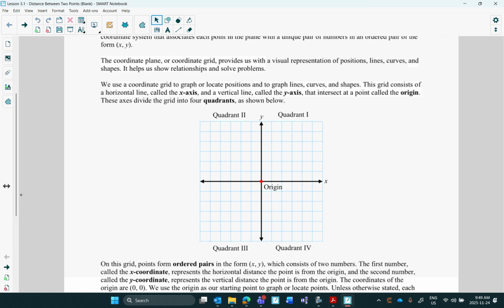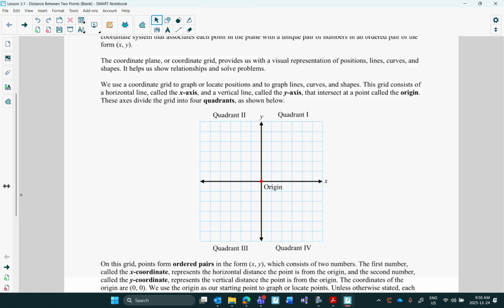What we do is we take two lines, a horizontal, which we call X, a vertical, which we call Y, to split it into 4 quadrants. And we start naming this one quadrant 1, and then we go counterclockwise 2, 3, 4.